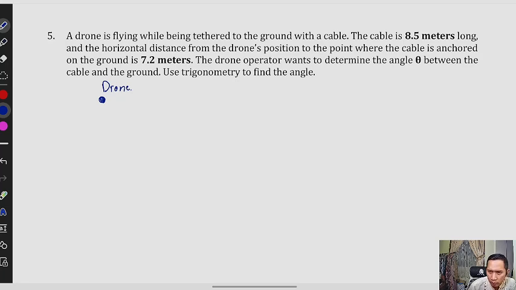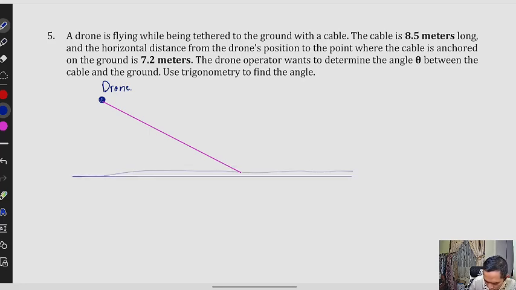Let's make a cable first, maybe like this. Okay, let's make a ground first, more or less like this. Yeah, that's the drone. So we have the cable.